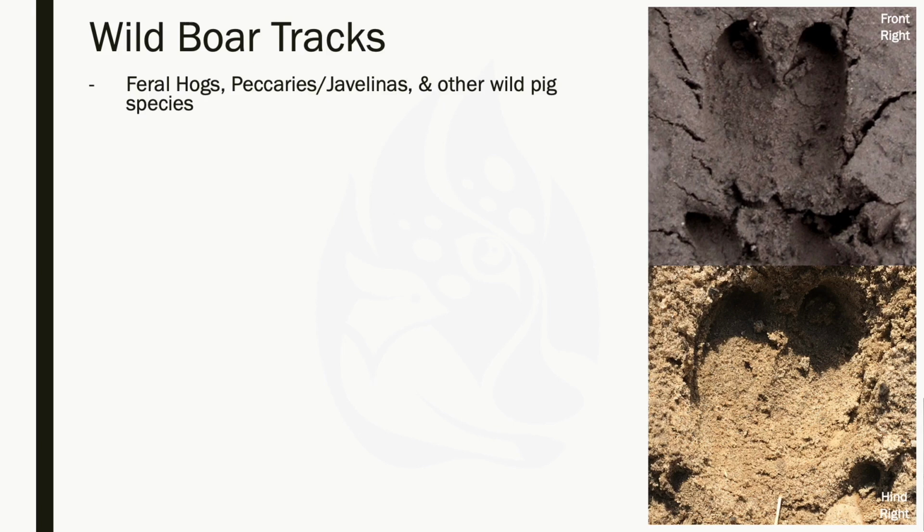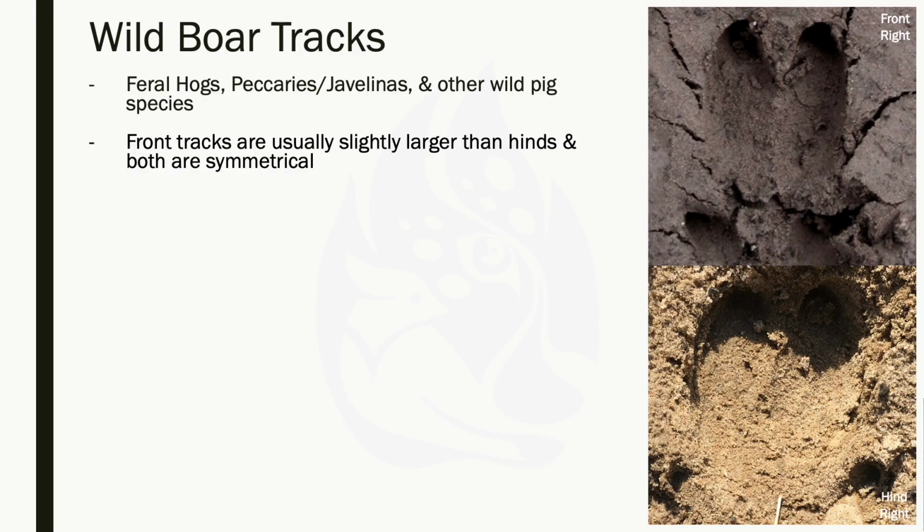Okay, very common in many parts of the world. We're also talking about the New World pigs, the wild versions of those, which are peccaries and javelinas, as well as other wild pig species in Asia and Africa, even in Europe, and even domestic pigs all have these features that we're going to take a look at here.